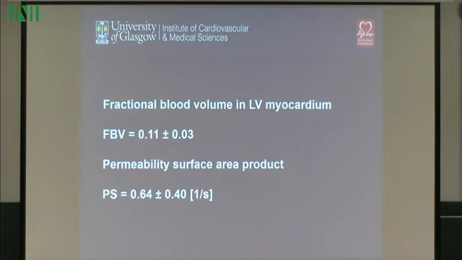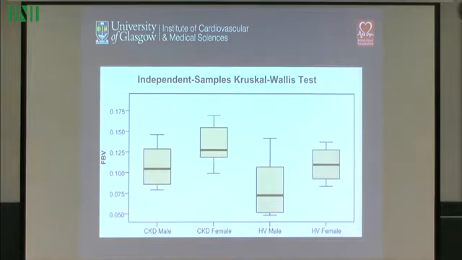In a very recent study completed at our center, we have found out through MRI that fractional blood volume in left ventricular myocardium in a set of 33 subjects is 0.11 plus or minus 0.03. That's a unitless number depicting the fraction of tissue occupied by blood. We have also determined permeability surface area product using MRI only, and the value is displayed here.